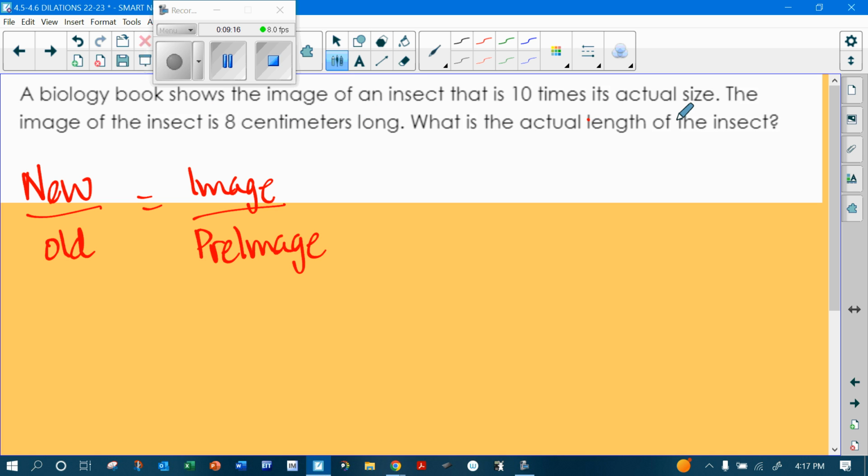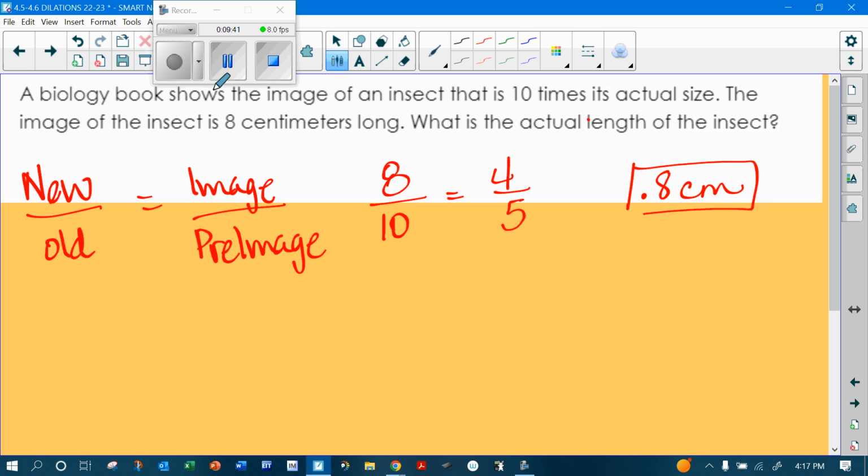What is the actual length? So what is the pre-image? All right, so new over old, because it says it's 10 times. So this reduces to 4/5 or 0.8 centimeters.